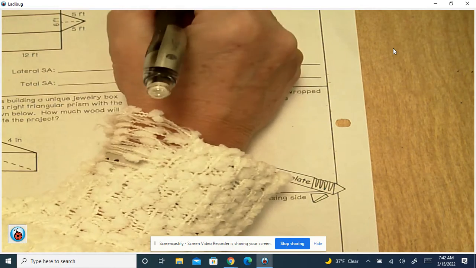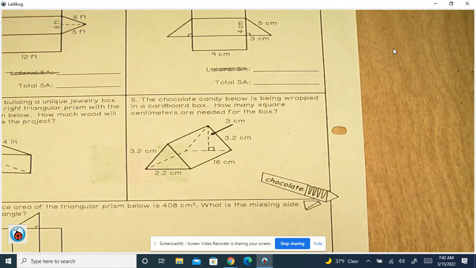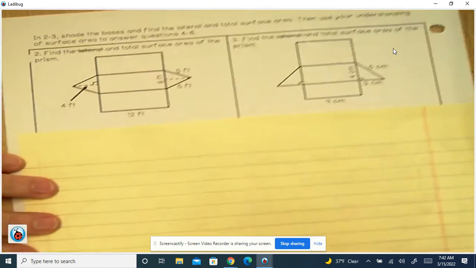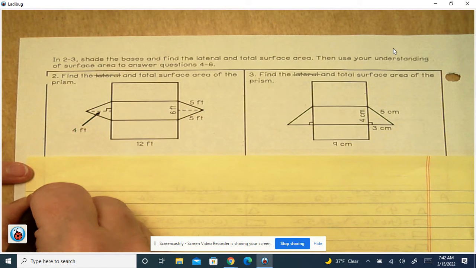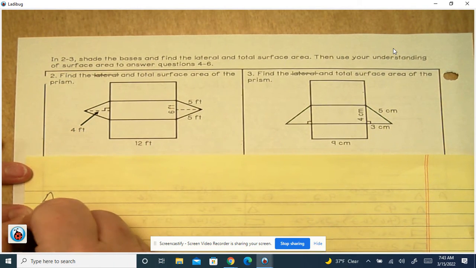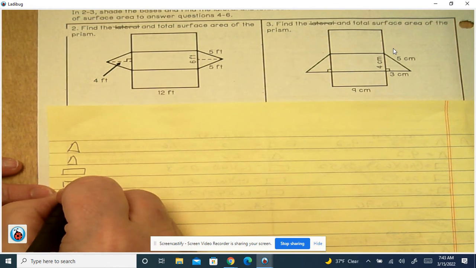Number 2, find the surface area. We don't find the lateral, we're finding just the surface area of these two. Okay, and remember, like I showed you on the previous problem, for each triangular prism, you're going to have 2 triangles and 3 rectangles.